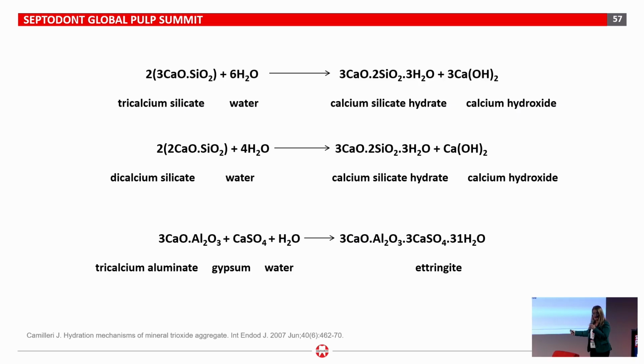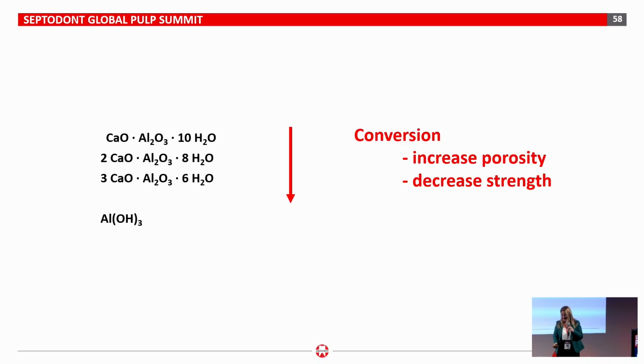It has to be a silicate reaction. If it is a Portland cement, it will have those 3. If it is a pure tricalcium silicate, it will have the first reaction only. Only these materials produce the calcium hydroxide. If it is an aluminate, it produces aluminum hydroxide.